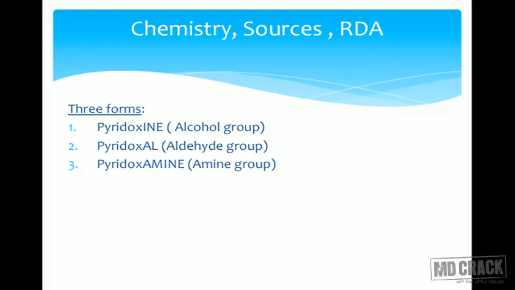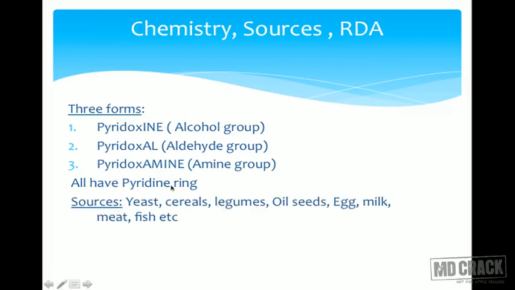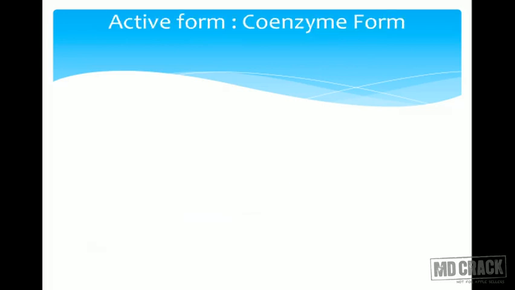All have a pyridine ring, and the sources are yeast, cereals, legumes, oilseeds, egg, milk, meat, fish, etc. We have a lot of sources of vitamin B6. The RDA is related to protein intake. It is around 2 milligrams per day.